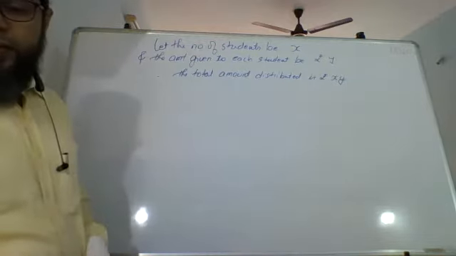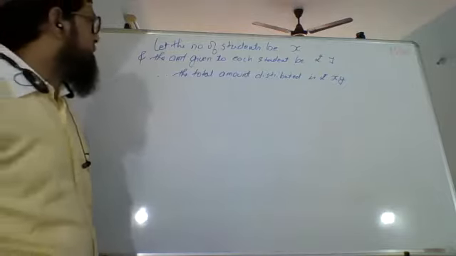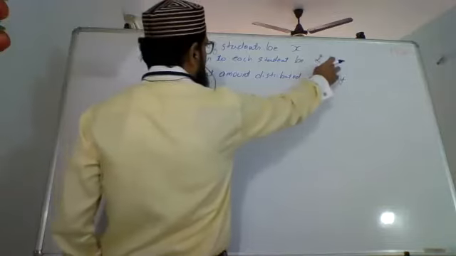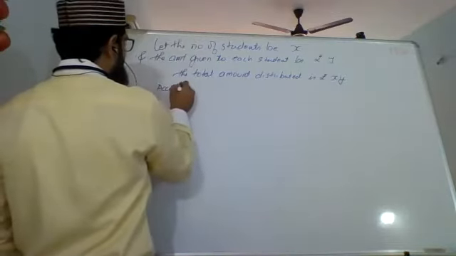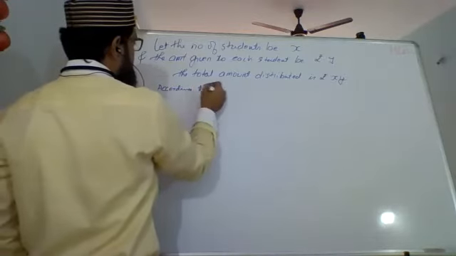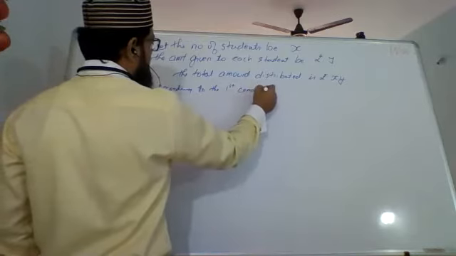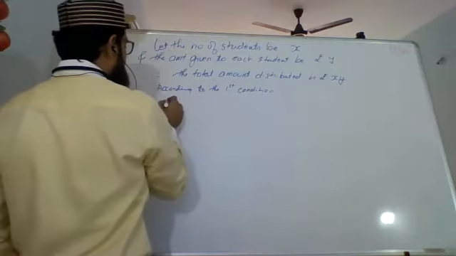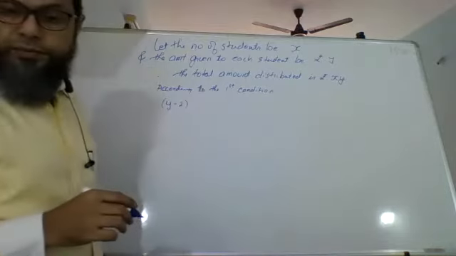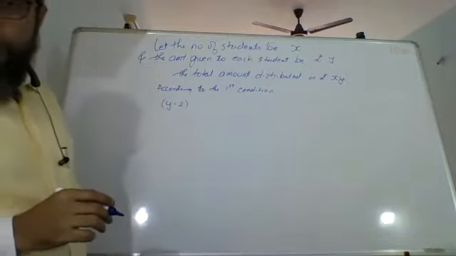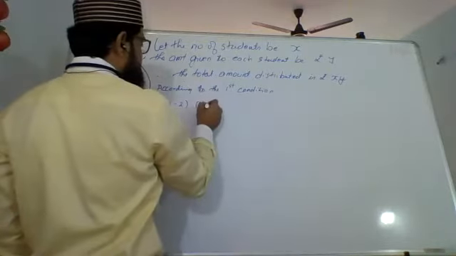अब पहले कंडीशन में क्या बोला जाता है? Each would get rupees 2 less. मतलब ये जो अमाउंट है इसमें से हर एक को 2 रुपया कम मिलता. So according to the first condition, each would get rupees 2 less, that is y minus 2, if 10 students were more. मतलब ये जितने स्टूडेंट्स है उससे 10 ज्यादा रहते थे.